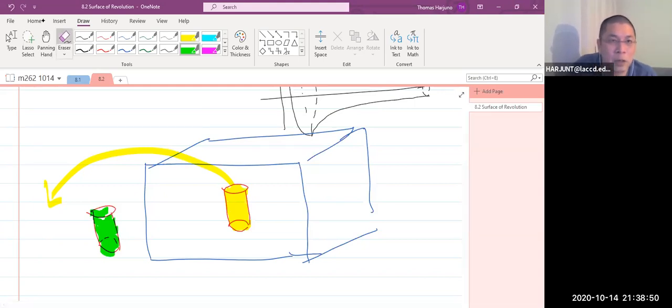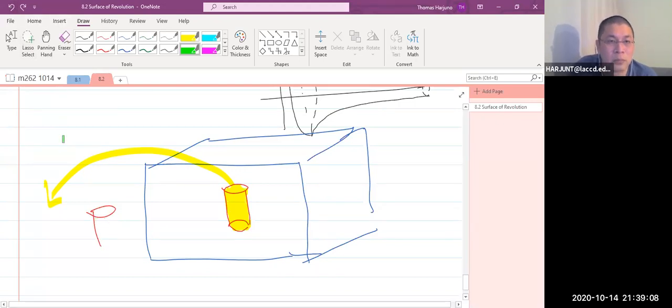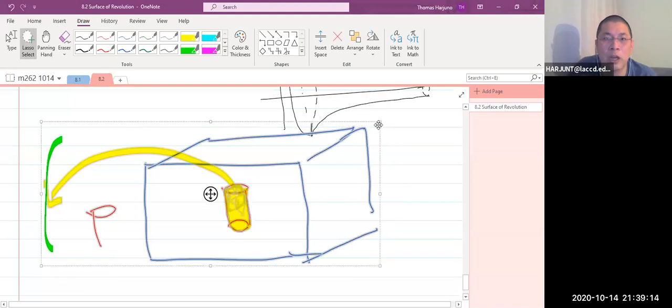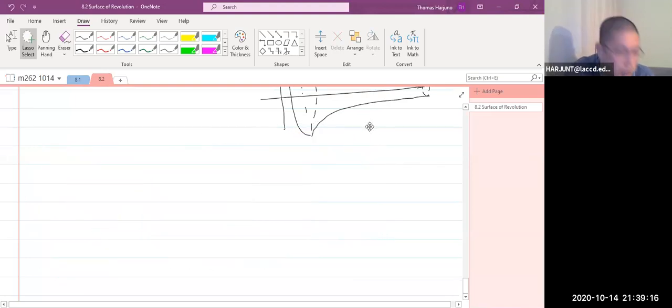Now, what this Gabriel's horn is actually saying is you may have a finite volume, but that amount of paint is not enough to paint your surface. Well, anyway, if you don't get it, try to work it out first and see why it's kind of strange.